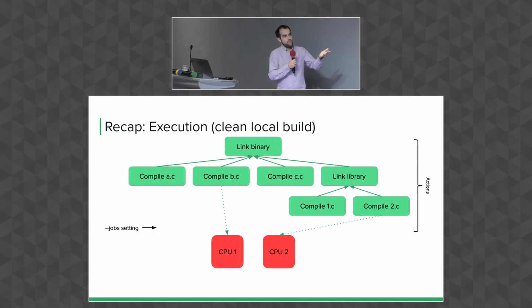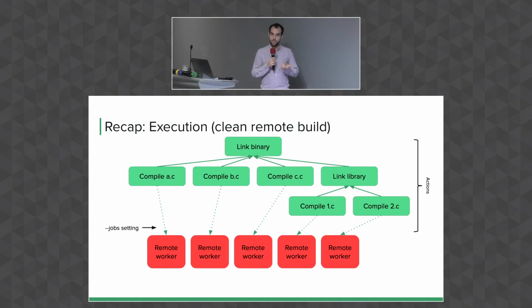And essentially here we have two CPUs on your machine, and that means you can only run two pieces at once. Just as we do this locally, we can also do it remotely, right? If you have enabled remote execution, which thankfully there were a couple of talks this morning that covered a lot of the stuff that I was going to say, then you can take advantage of many more CPUs or workers to run your build faster.